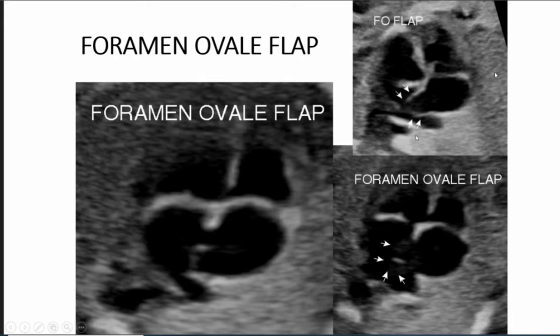The flap of the foramen ovale opens into the left atrium during the cardiac pulsations. So you can see that this is the left atrium. The flap of the foramen ovale opens into the left atrium, and the flap is nothing but a mobile septum primum.